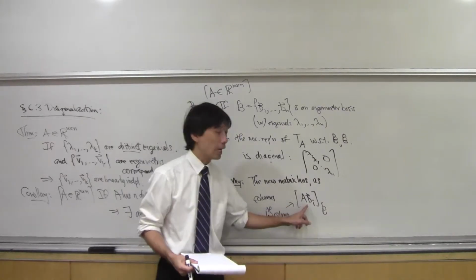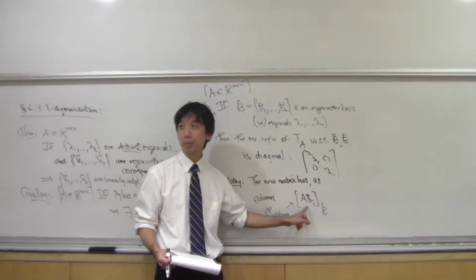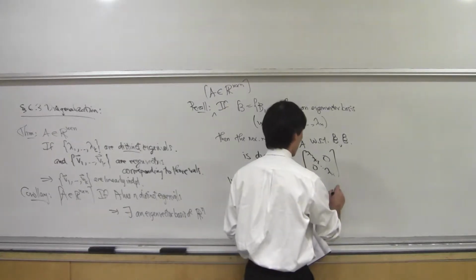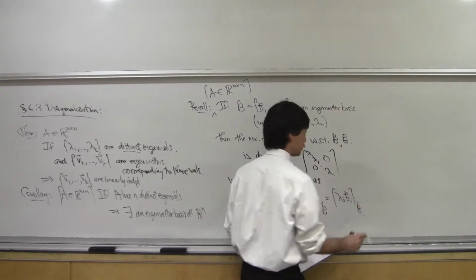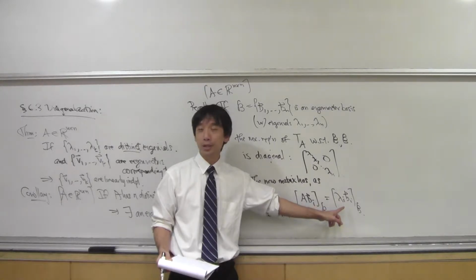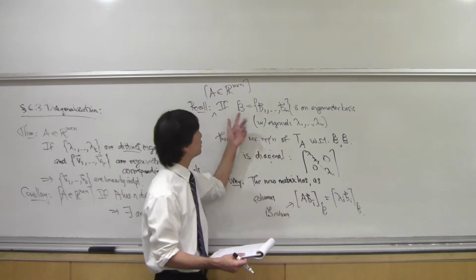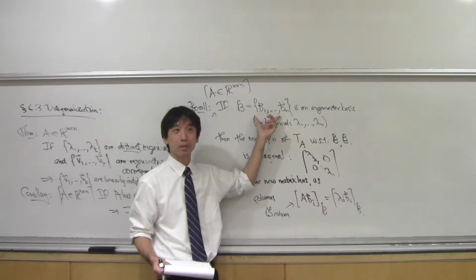But this is an eigenvector, so when you hit it with the matrix, it just gets multiplied by a number, right? So the columns look like this: the coordinate vector of lambda_i b_i with respect to the b basis.